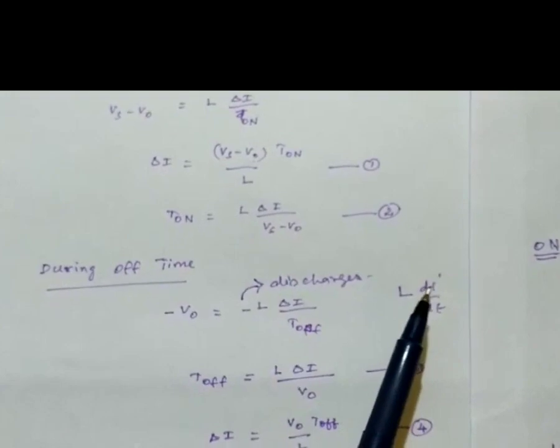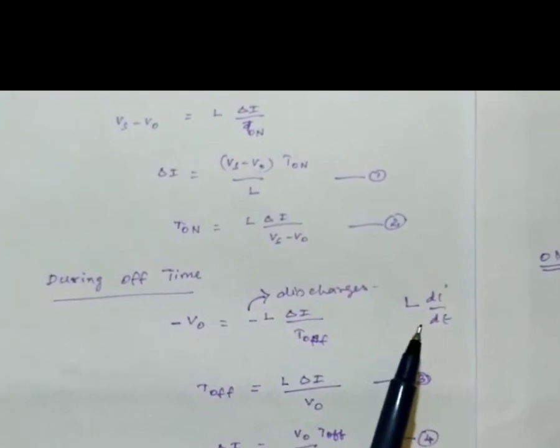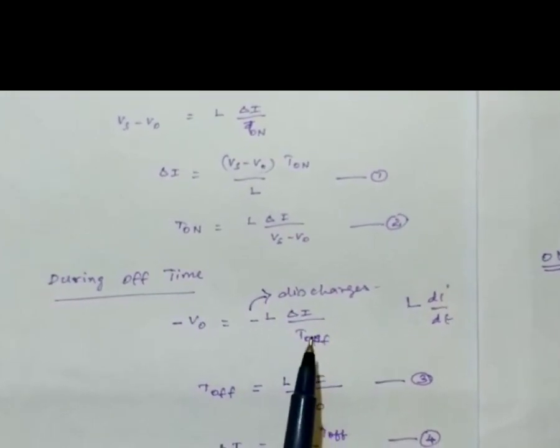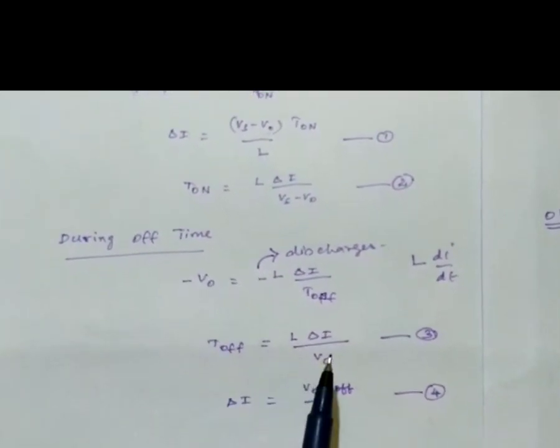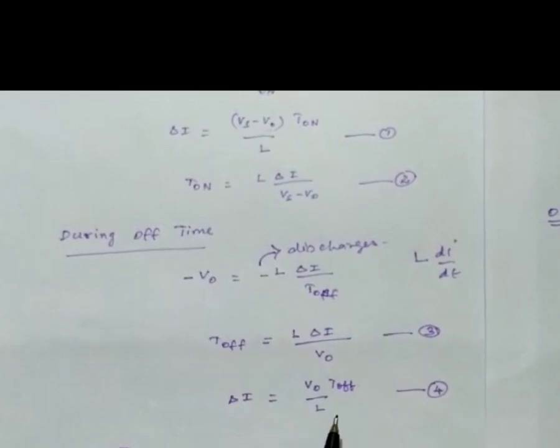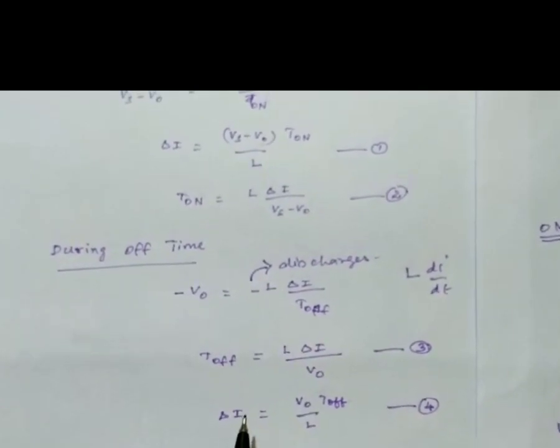Again, delta I is L into di by dt, the change in current happening during the time t off. By reducing this, we get t off and delta I.